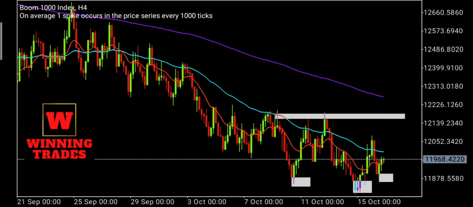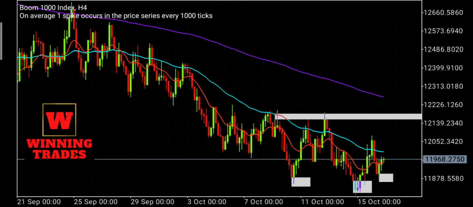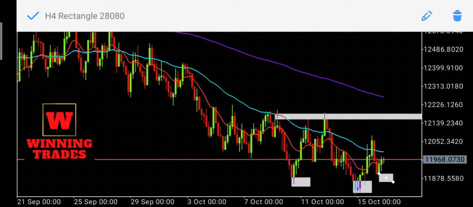And then we can call this the neckline. So price may retest that neckline and then sell if the head and shoulders holds, or price may fall down and go all the way down because of the break on the daily. So we'll just watch and see.